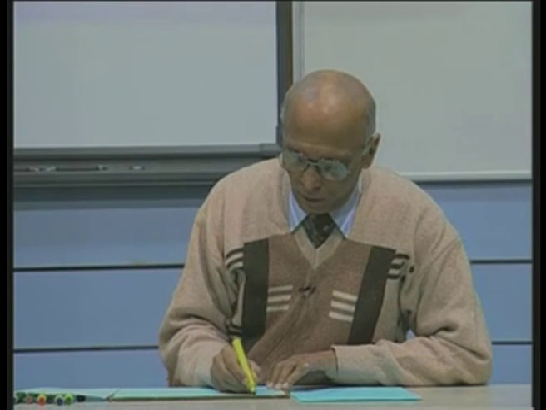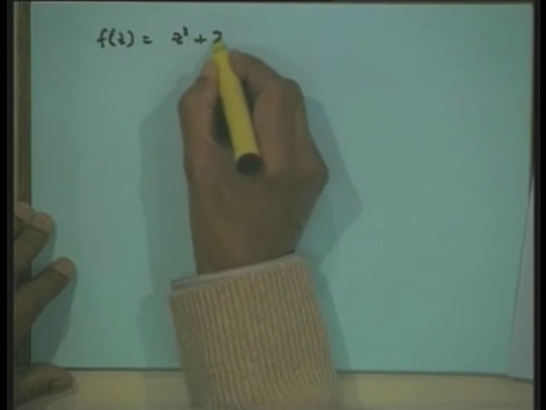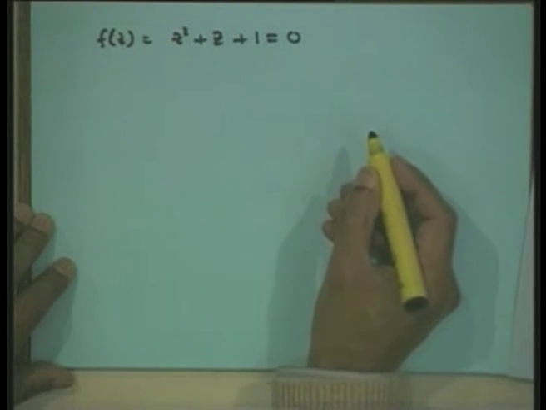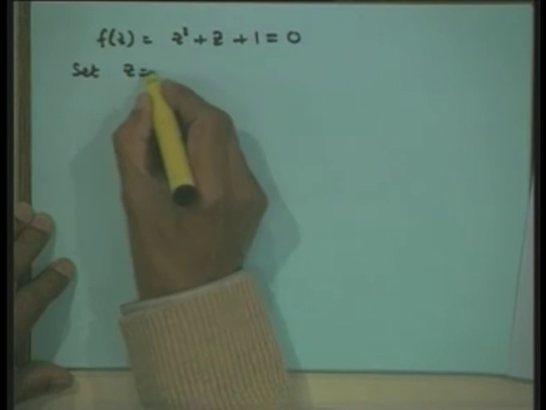We shall illustrate this method through an example. Let f(z) is equal to z squared plus z plus 1 is equal to 0 be the given equation. Set z is equal to x plus iy.